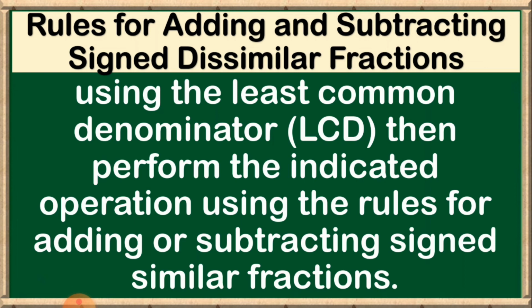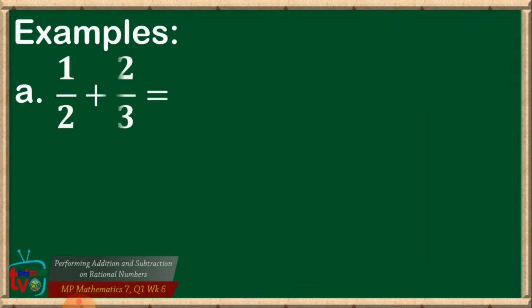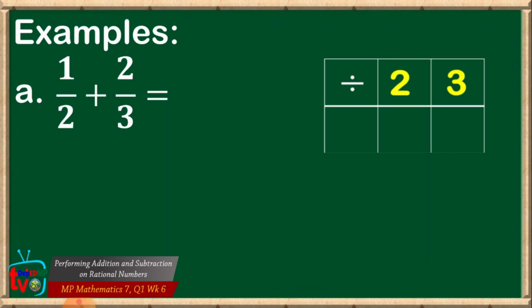As always, we will understand more the rules if we will have examples. First example, 1/2 plus 2/3. First step, let's find the least common denominator, meaning we will look for the least number that can divide both 2 and 3.